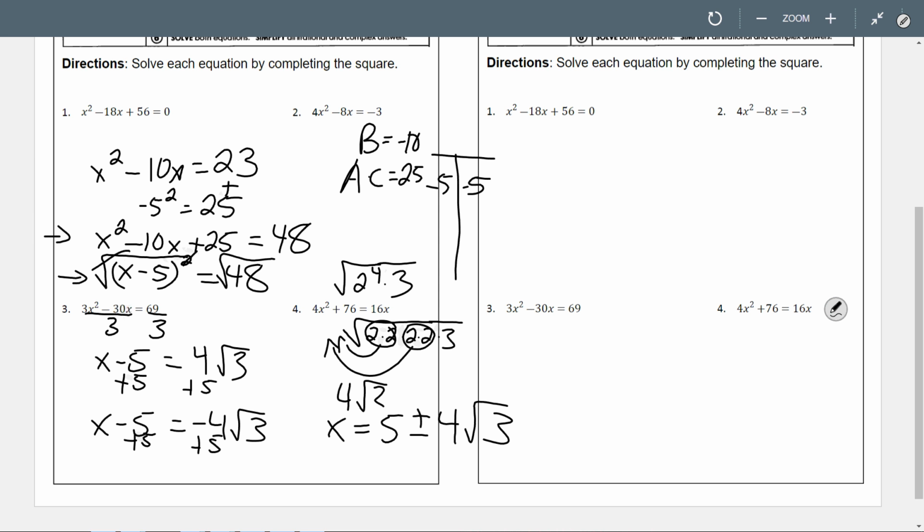That's all we're doing. What plus or minus means is basically there's two answers, 5 plus 4 square root 3 and 5 minus 4 square root 3, which is exactly what we said.